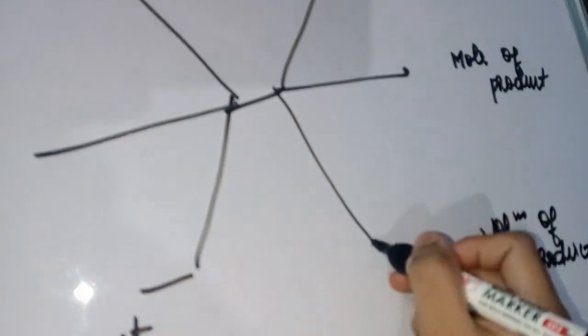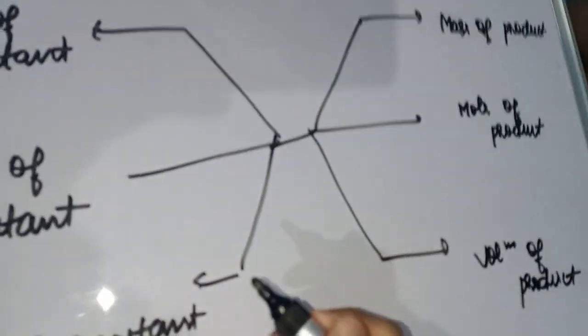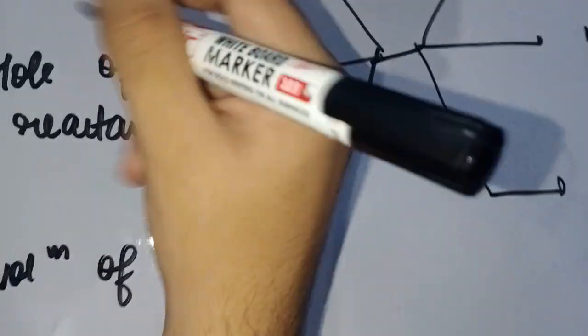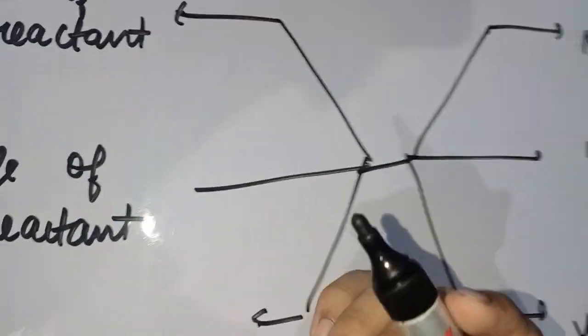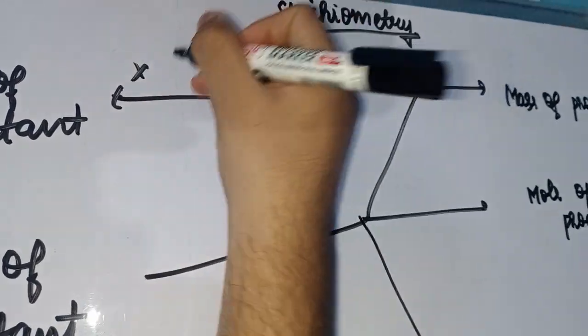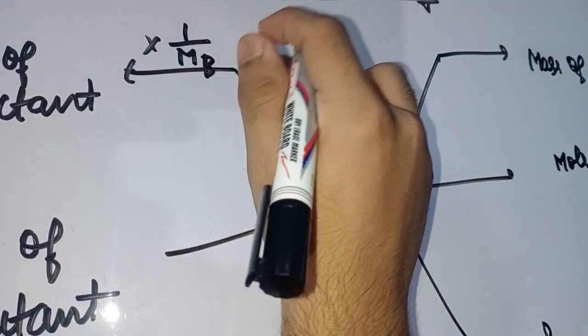So this is it. Supposedly mass of reactant is given. In order to convert it into moles, while calculating we prefer to deal in moles. If I want to convert a mass into mole, I have already told you it is done by dividing it by molar mass.